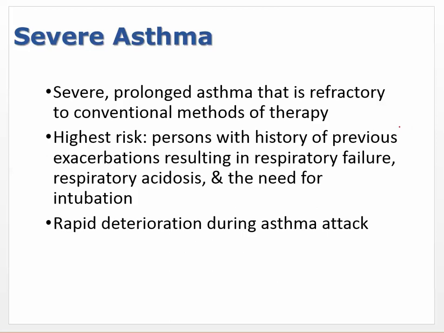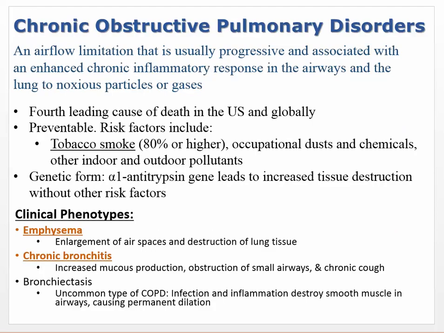So if this has happened before and it continues to happen, then we call it severe, prolonged, doesn't work with normal treatment, and this does occur, and so it makes sense that we would consider it severe if normal treatments aren't working. And there's also just going to be a rapid deterioration during an asthma attack. So this is someone that it can be very, very serious, happens frequently, and they deteriorate rapidly.